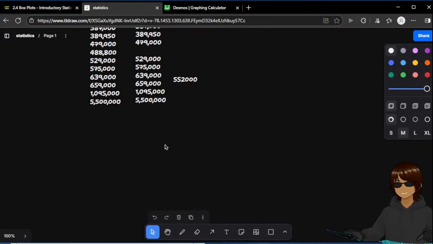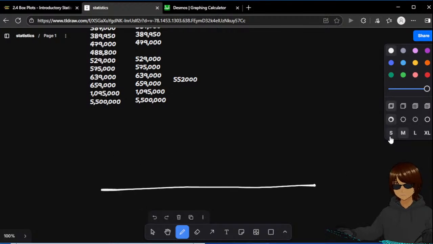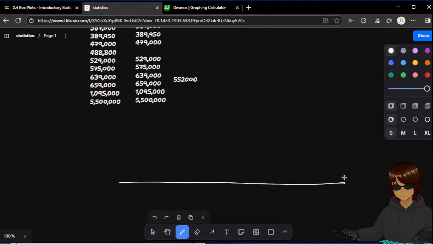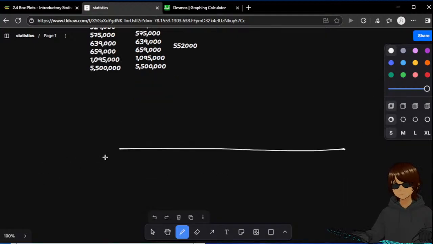Okay, so I'm guessing it's something like, so here's the data. Here's the smallest value. Here's the largest value. Let's say here's Q2 and here's Q1 and let's say here's Q3.